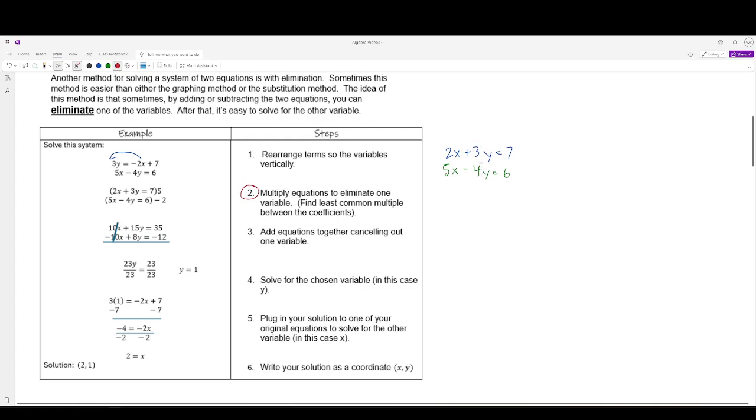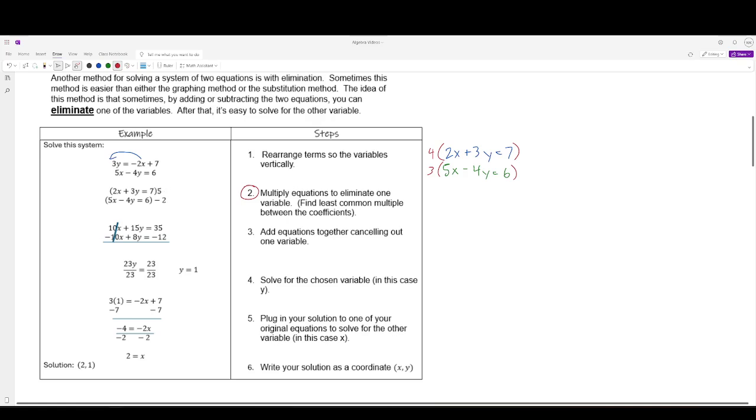That way, when I add the two equations together, I'll end up with no y's and I'll be able to solve for the remaining variable, x. In order to do this, I need to multiply the top equation by 4 and the bottom equation by 3.